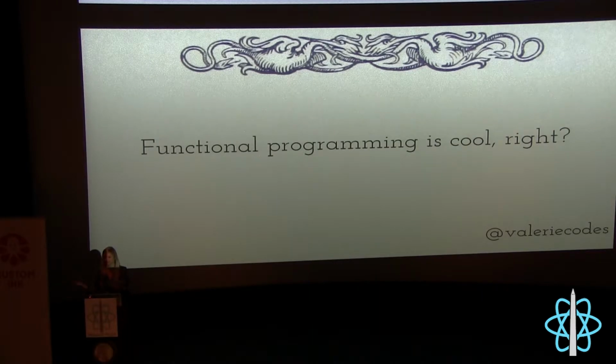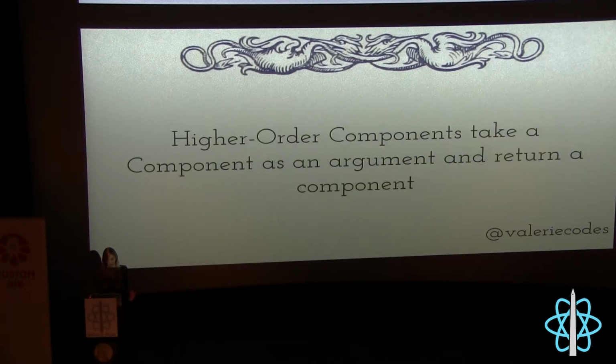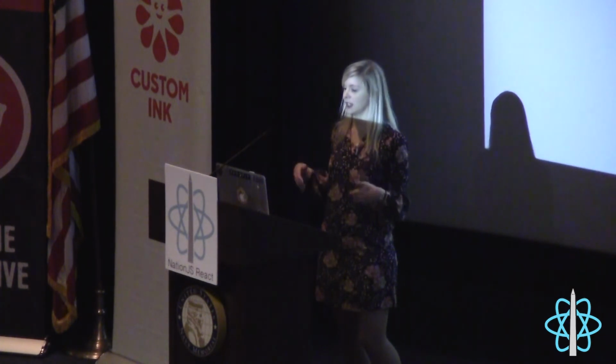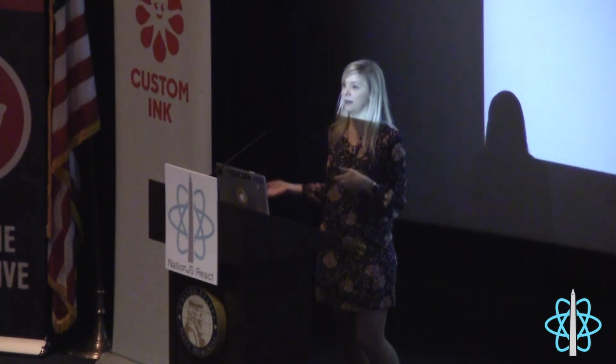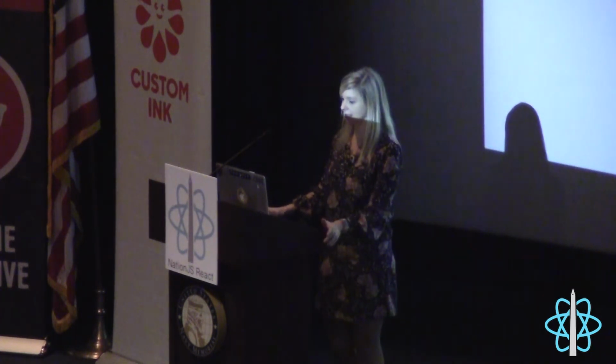Higher order components do that with components. Components are essentially functions in React. Instead of having a function that returns a function, higher order components can take a component as an argument and return a component. This can help you compose a component, which can then pass additional props or modify props to the component that is being passed.